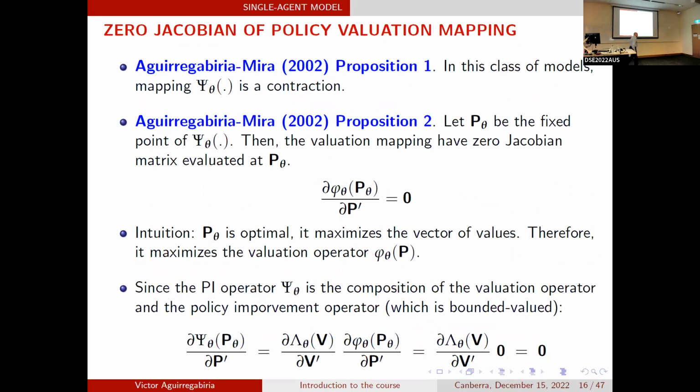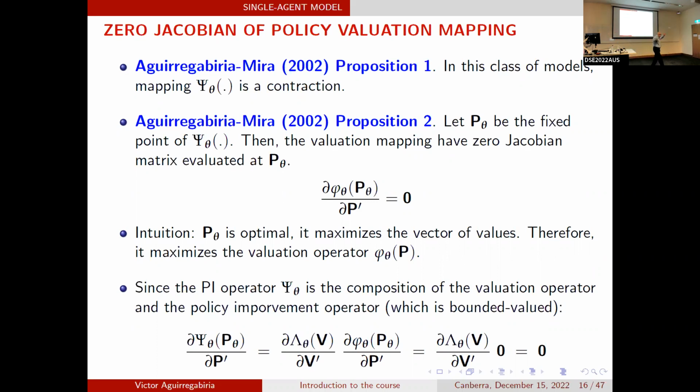Then this is the structure of the policy iteration mapping. Let me talk about one property that plays a key role for the properties of the nested pseudo-likelihood estimator. First, we prove in proposition 1 of the paper in 2002 that this mapping is a contraction in this class of models. And then in proposition 2, we saw that because it's a contraction, it has a unique fixed point.